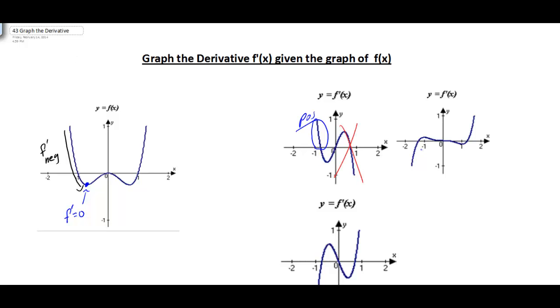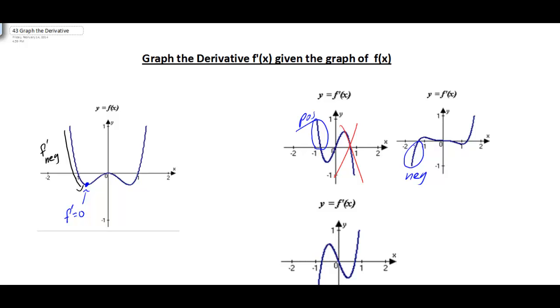Now, if we look at the second one, we notice that at this point our derivative is negative, correct? Because it's below the x-axis. Keep in mind, over here we're not looking at the slope of this. We're looking at the y value.